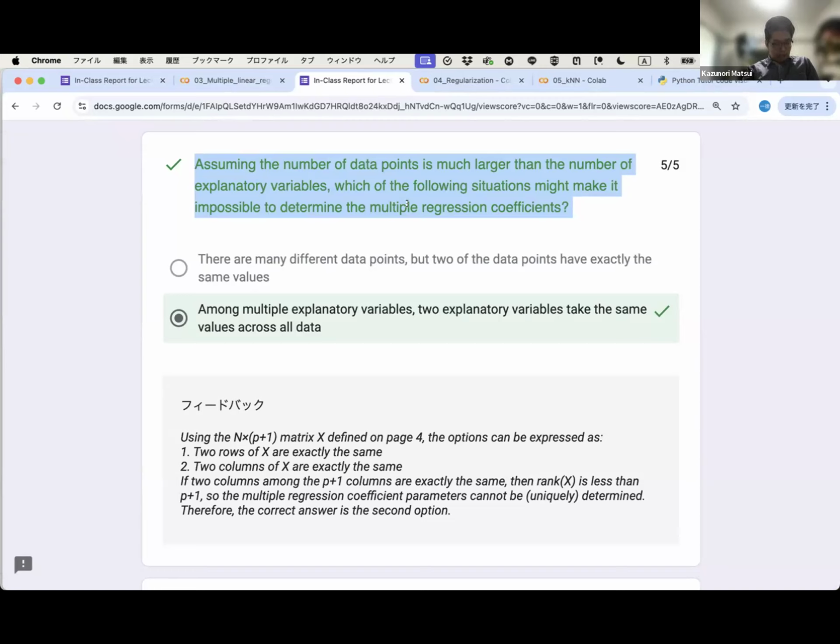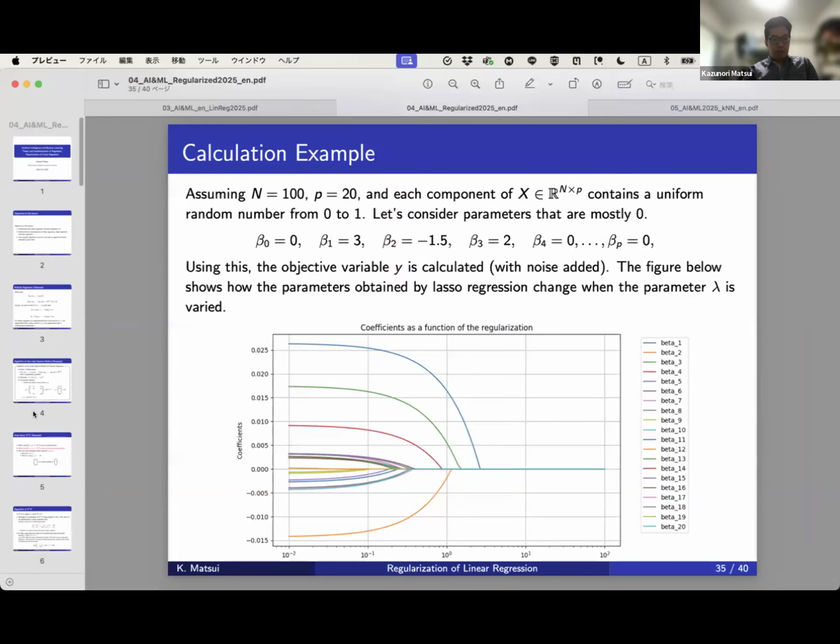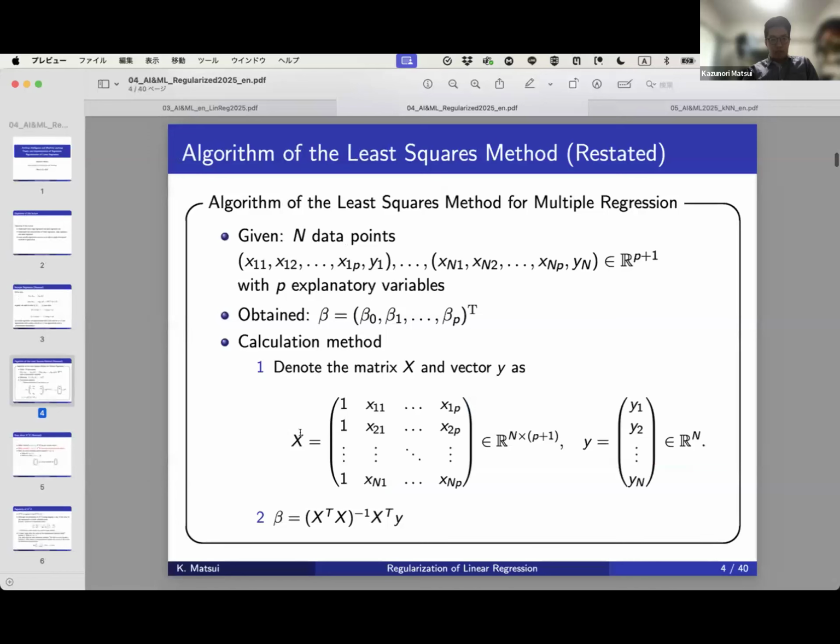When we consider the matrix X on slide 4, having some same data corresponds to having the same rows, and having the same explanatory variables corresponds to having the same columns.